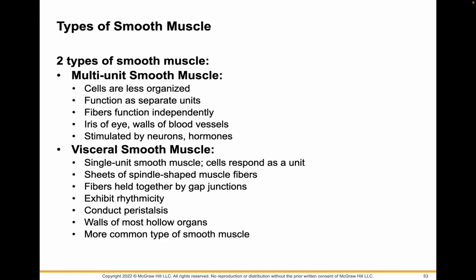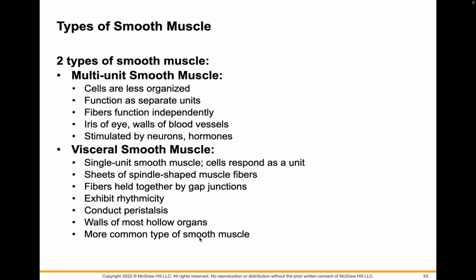All right, so there are multi-unit smooth muscles, and they function as separate units. So that's why they're called multi-unit. The iris of the eye and the walls of your blood vessels are stimulated by both neurons and hormones. But visceral smooth muscle is single unit, meaning the cells all respond as one unit, and these are found in sheets.